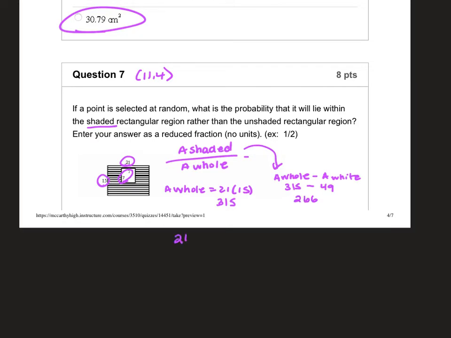So then I put 266 over 315, and I start reducing. These are actually both divisible by 7. It would be 38 and 45, which is as simplified as that number gets.